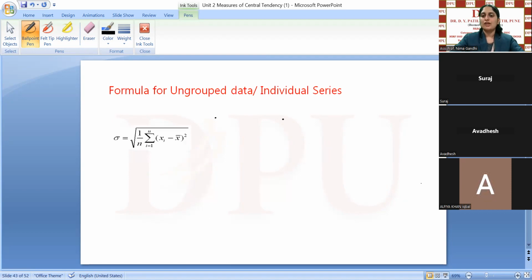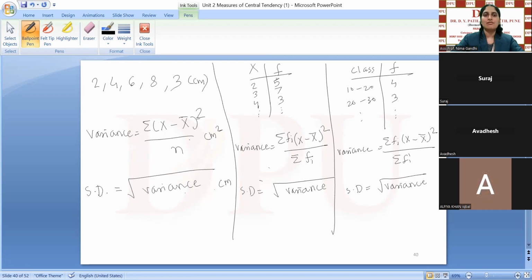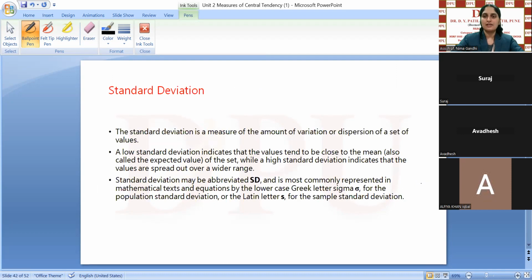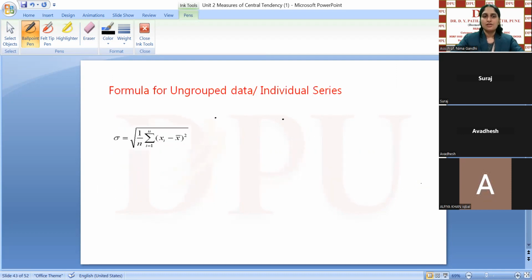Whatever formula we have written for the variance, when you take the square root of it, you get the standard deviation. You always denote it by sigma when you are calculating it for all observations in your population.